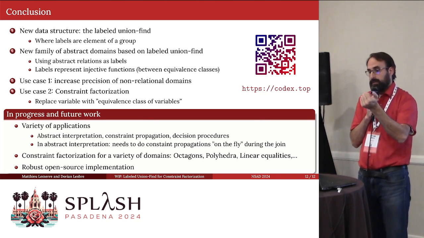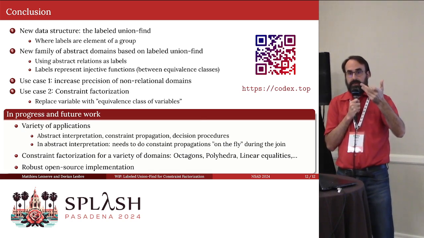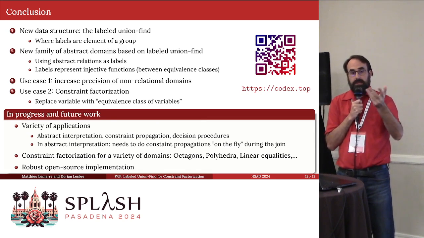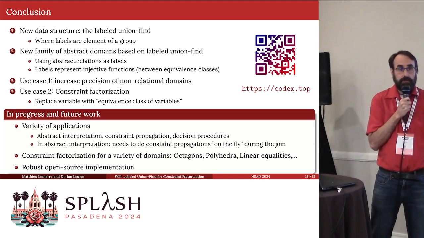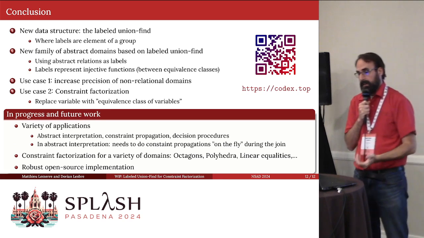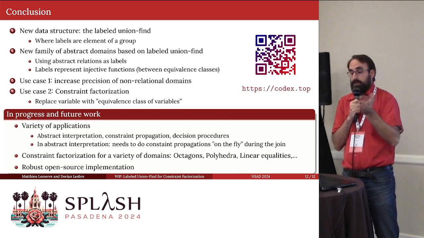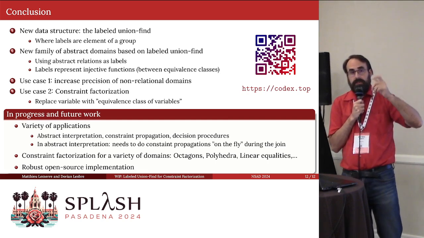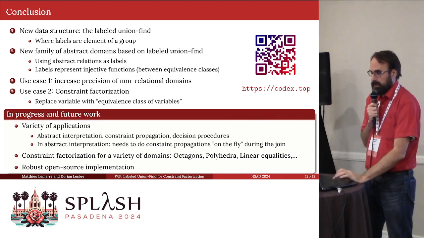So for instance, if you have octagons and you have this constant domain, then instead of representing the relation between x, y, and z, maybe you know that y equals x plus some constant, and you can remove y from the octagon representation. And the difficulty then is that you have to be careful when you do the join, because you have to do this constraint propagation on the fly, which makes the algorithm a bit more complicated.